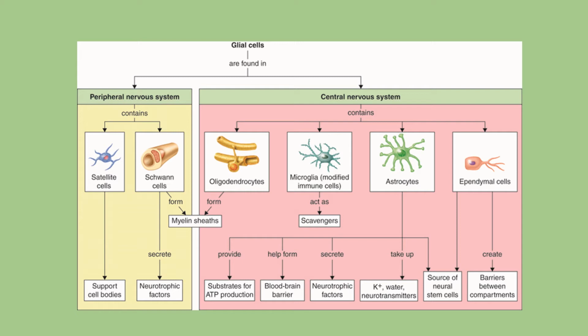And then your epidermal cells, this is also helping to perform or create barriers between different compartments. So they're all helping to assist the overall functioning and improve the efficiency of the neurons.